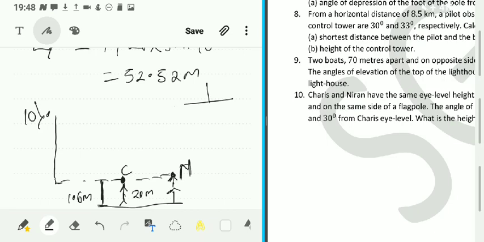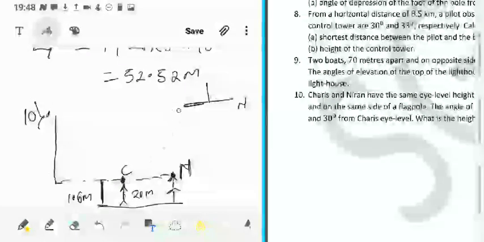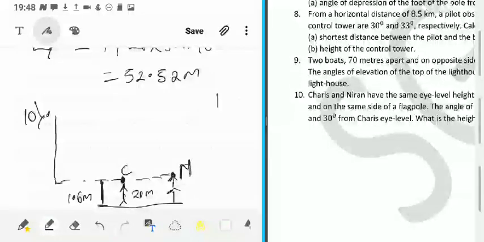But on the same side, it means they are on the same line. If this is the flagpole, then Caris is here, Neuron is here, on the same side, not on opposite directions. So that's that about that.